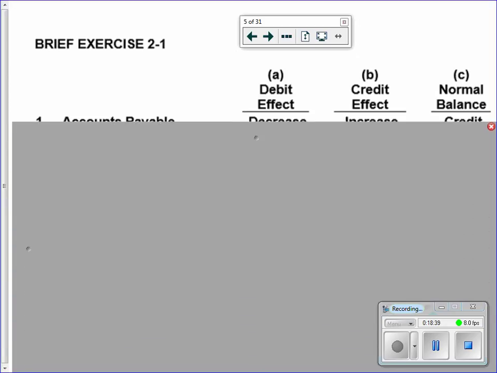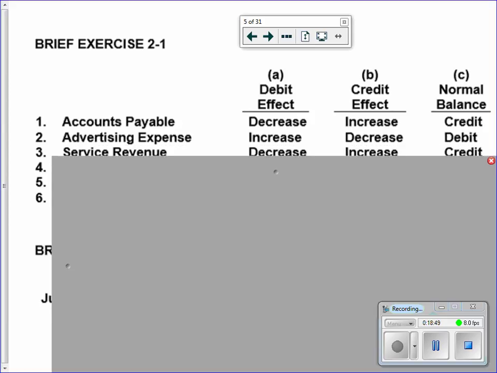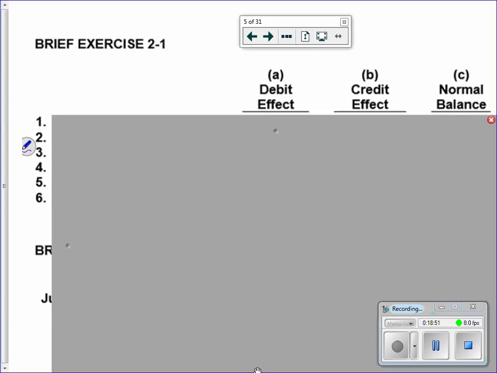What I'd like you to do in your notebook is set up, we're going to do 6 things, and we're going to title it here. Have a heading for account. Where's the debit? Where's the credit? Where's the normal balance side?